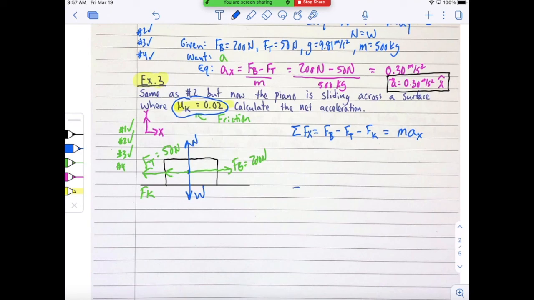To be even Steven here, we're going to sum our forces in the y, which is going to be the normal minus your weight. This box is not accelerating in the y, so the acceleration is 0. That just means n is equal to w. And just to refresh our memories, w is equal to mg.